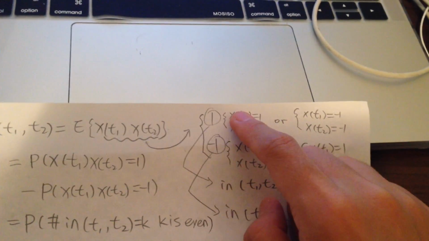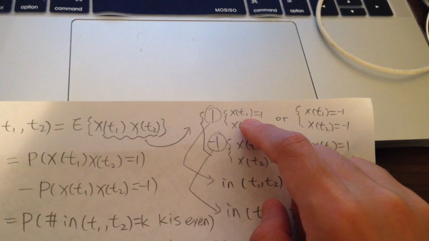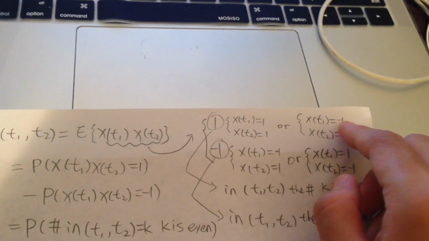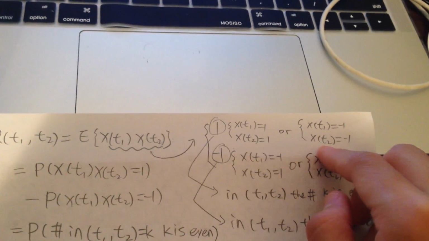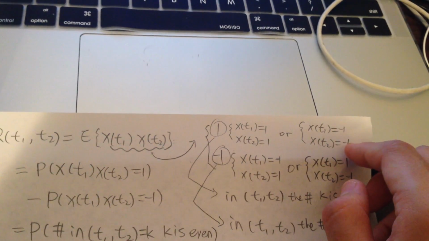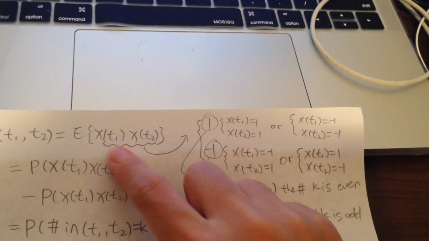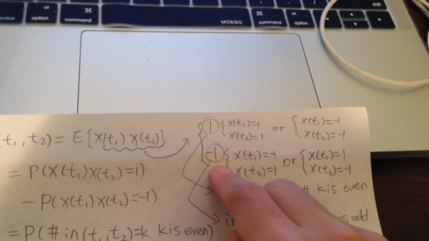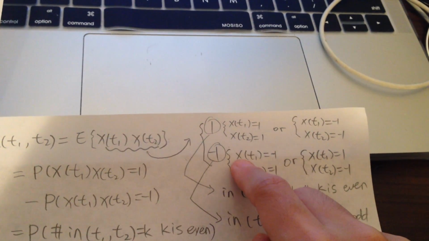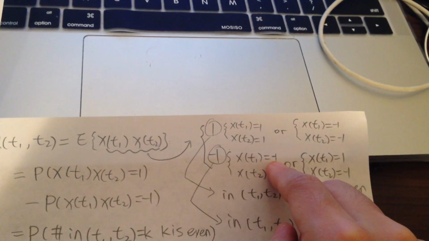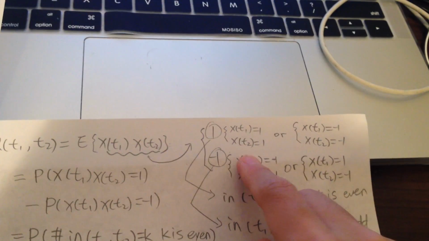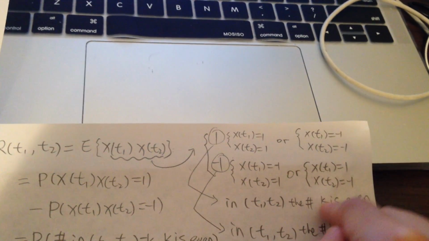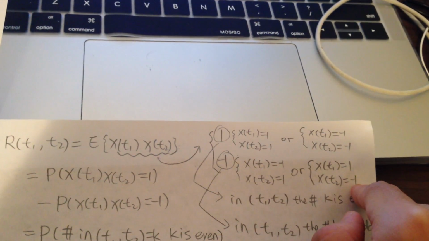In this case, either X(T1) equals 1 and X(T2) equals 1, or X(T1) equals minus 1 and X(T2) equals minus 1. The other case is that their product equals minus 1. In this case, either X(T1) equals minus 1 and X(T2) equals 1, or X(T1) equals 1 and X(T2) equals minus 1.